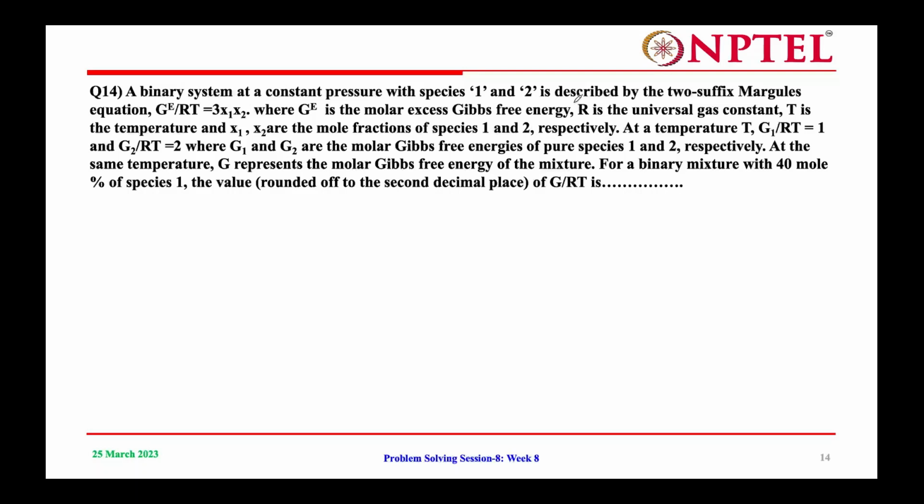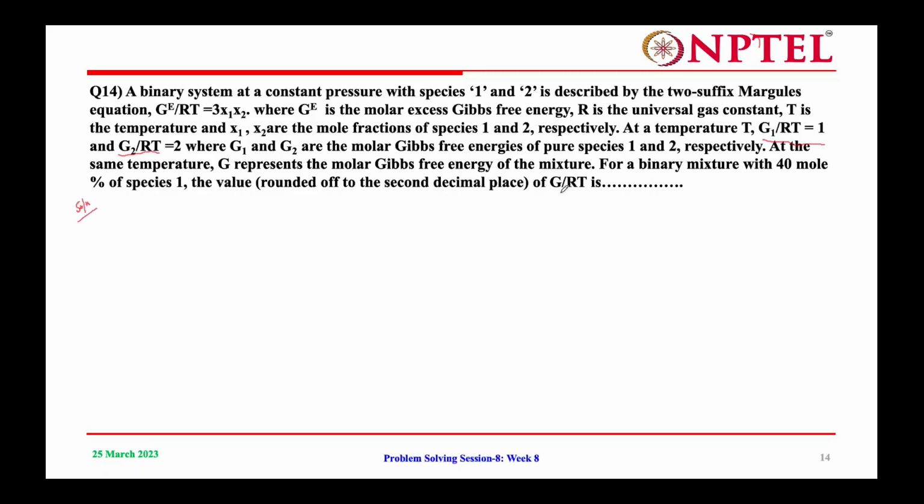At a temperature T, G1 divided by RT equals 1 and G2 divided by RT equals 2, where G1 and G2 are the molar Gibbs free energies of pure species 1 and 2 respectively at the same temperature. G represents the molar Gibbs free energy of the binary mixture at 40 mole percent of species 1. The value of G by RT is.